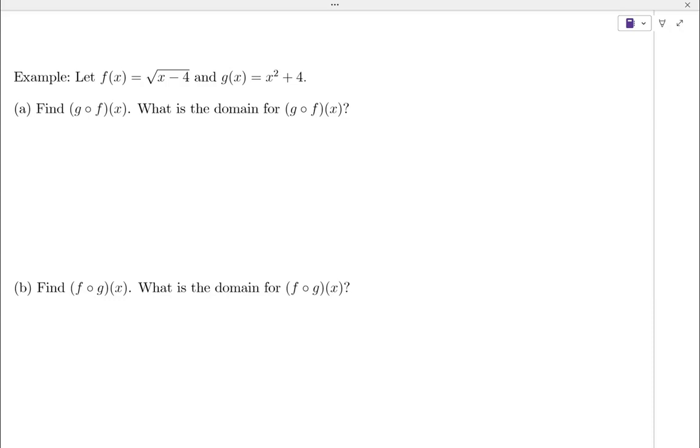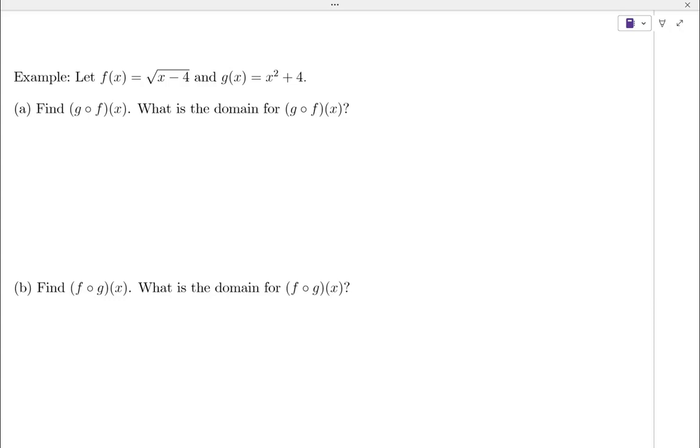Remember, for the domain, you have to plug it into the inside function, and what you get out has to go into the outside function. Okay? So it's a lot easier to read the domain off if you don't simplify it. If you simplify it, sometimes the domain might be goofy.